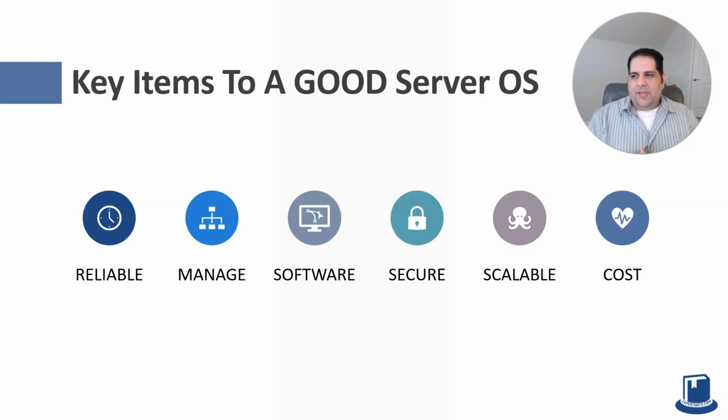The other is cost, because there are operating systems that do have a significant cost, but they're purpose built for that reason. Others may be free, right? But sometimes you have to be cautious because you get what you pay for, right?